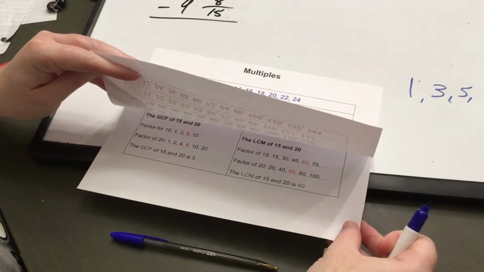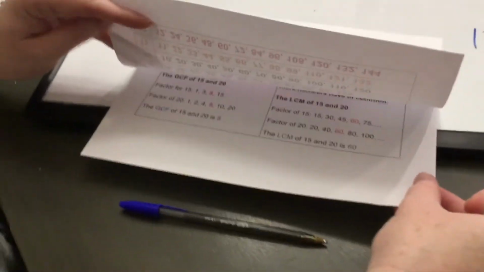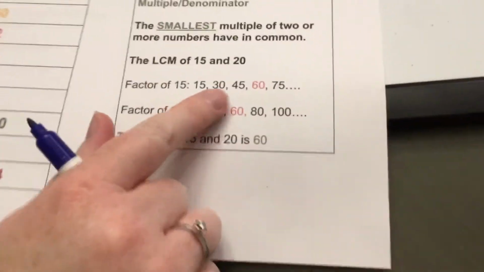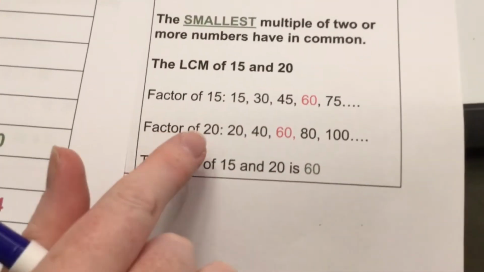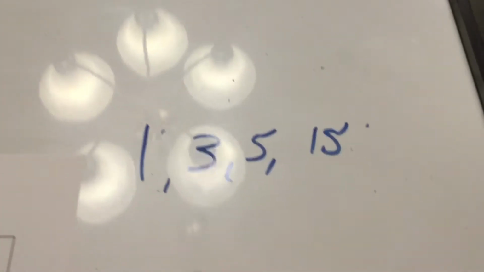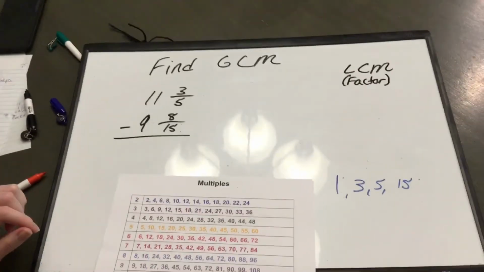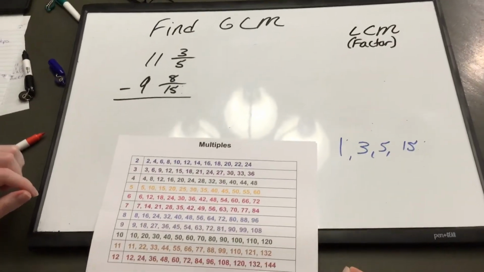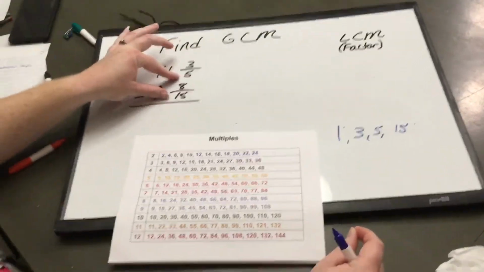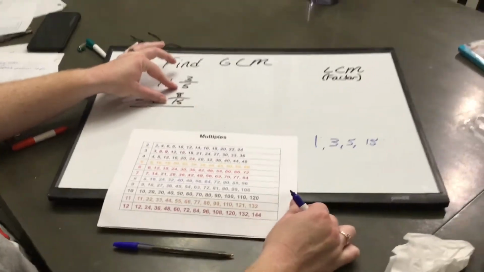If you really wanted to look at the multiples, it would be the 15, 30, 45, 60, and so on. But in this case, we teach the children to use the factoring for the higher numbers like this. It's a little bit easier. Okay, so the greatest common multiple is going to be the greatest number that 5 and 15 share.